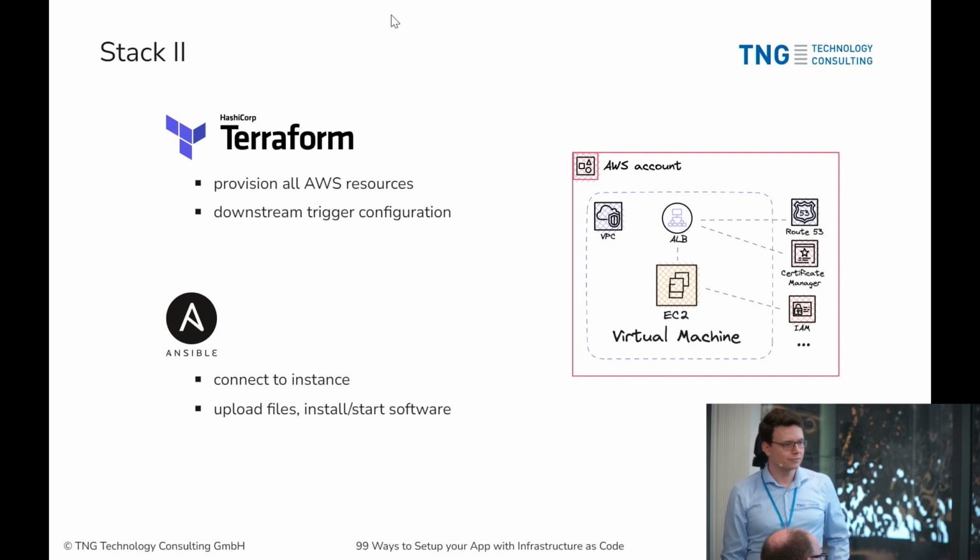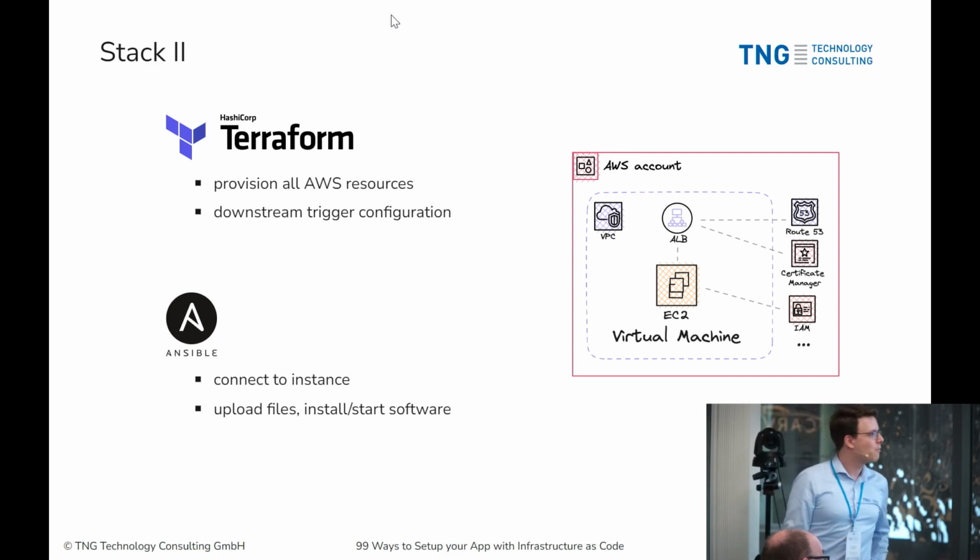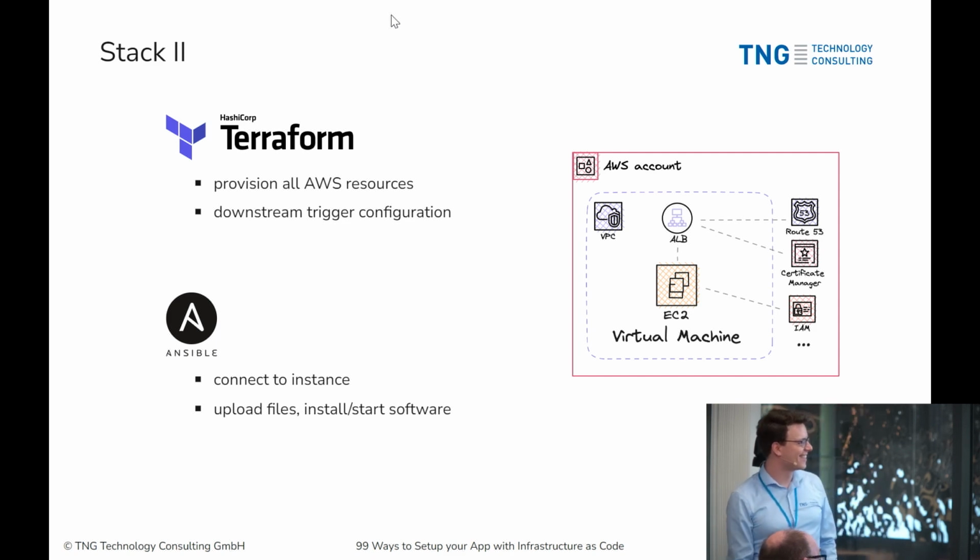So please, all the colleagues, don't fool with us right now. What it does is connect to the instance and ensure that files are uploaded and exist the way we define them, and also that certain software and applications are installed.